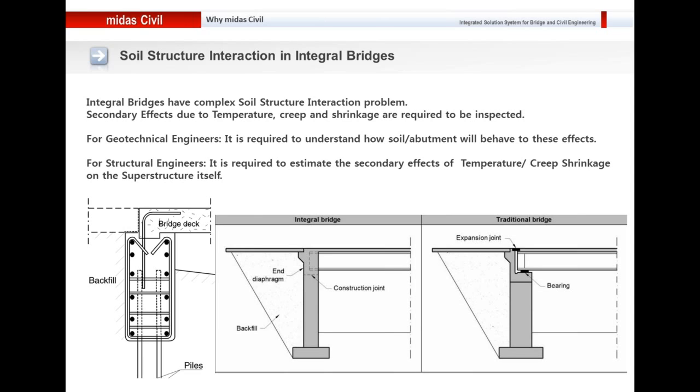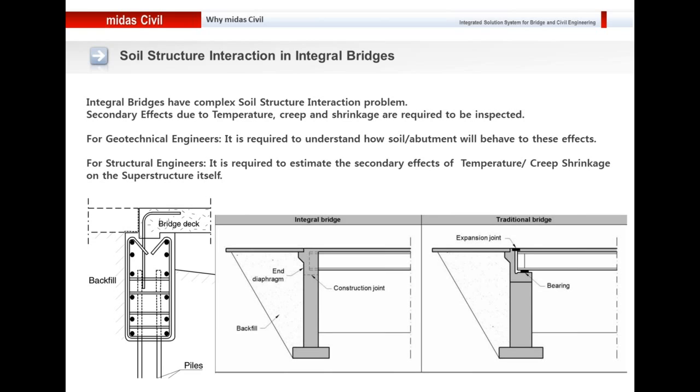So first of all, it is required to understand the science behind the soil structure interaction in integral bridges. For geotechnical engineers, it is required to understand how the soil abutment will behave to the effect of creep, shrinkage, and thermal changes. And for structural engineers, it is required to estimate the secondary effects of creep, shrinkage, and temperature changes on the superstructure itself.